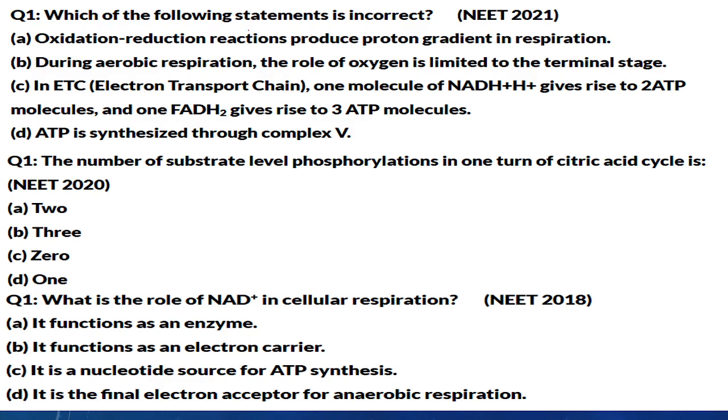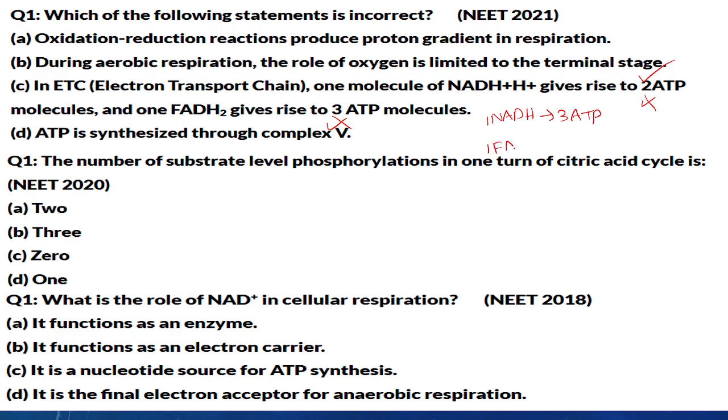Which of the following statements is incorrect? Option A, oxidation reduction reactions produce proton gradient in respiration. During aerobic respiration, the role of oxygen is limited to the terminal stage. This is correct. In electron transport chain, one molecule of NADH gives 2 ATP and FADH2 gives 3 ATP. This is wrong. One molecule of NADH gives 3 ATP.